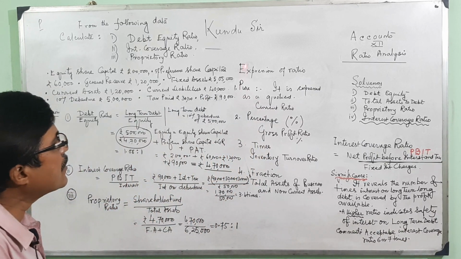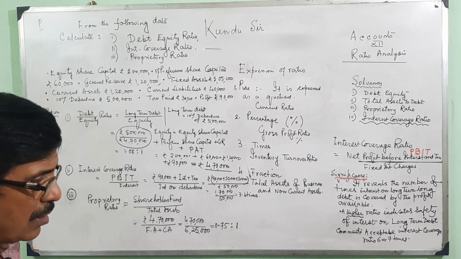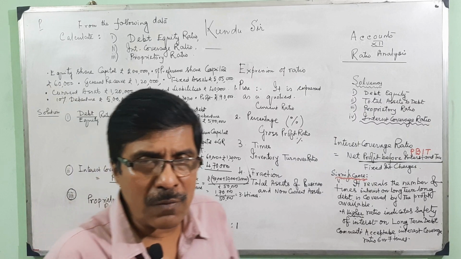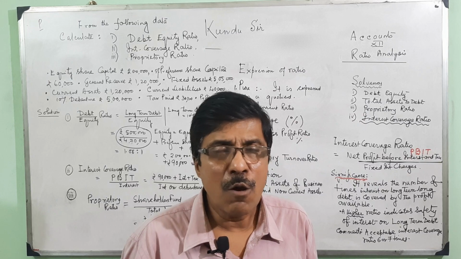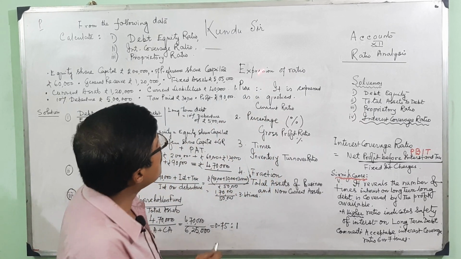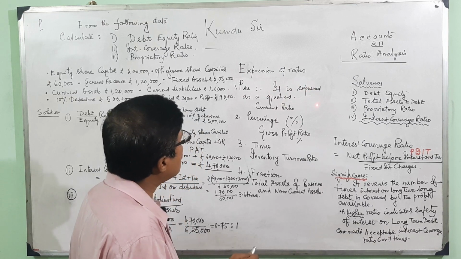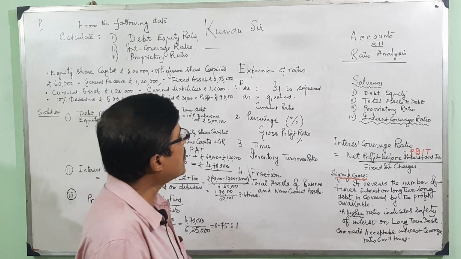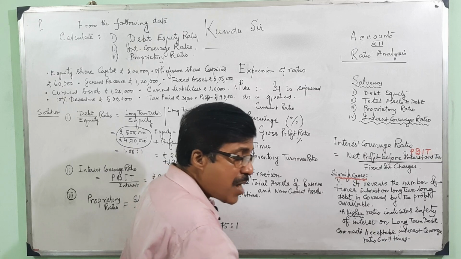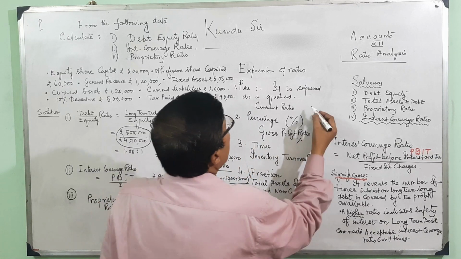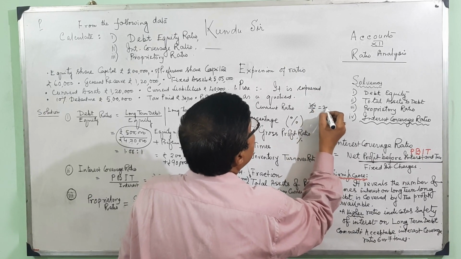Now I am expressing another thing here about ratios. It may be liquidity, solvency, activity or turnover, or profitability. Whatever the ratio, it can be expressed as a pure ratio, that is only a quotient. For example, 100 by 20 is 5, and 100 by 5 is equal to 20.